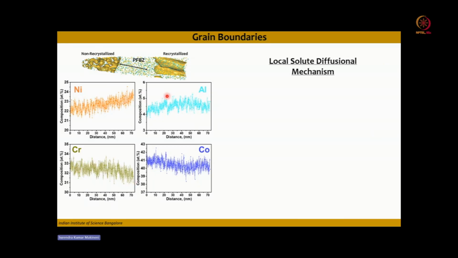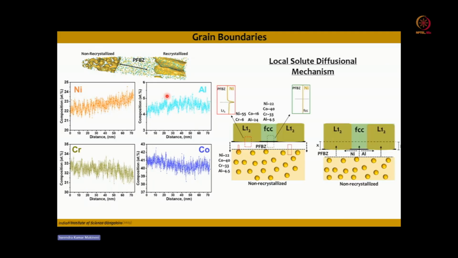So based on the composition profiles, what we concluded is that there is a local solute diffusion mechanism happening, and the main controlling factor is the diffusivity of the nickel, because of which there is a formation of a precipitate free buffer zone, and the thickness of the zone depends upon the interdiffusivity of these solutes across the boundary. So here the nickel diffusivity plays a very important role during recrystallization of this particular alloy. So this was revealed by the combined usage of microscopy and tomography.